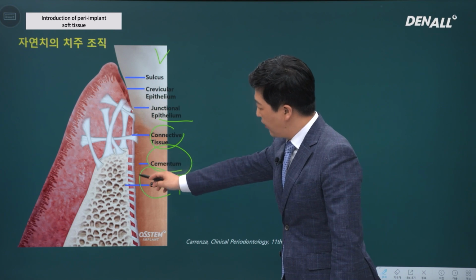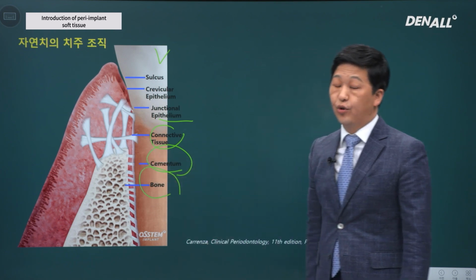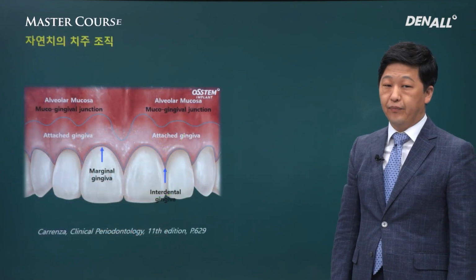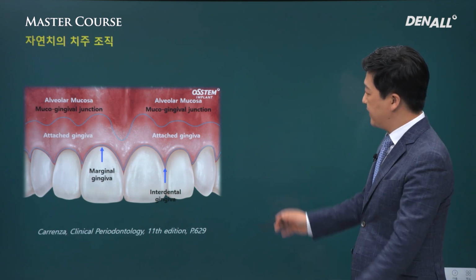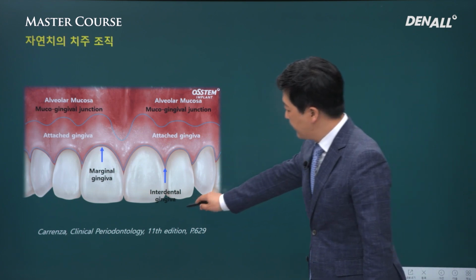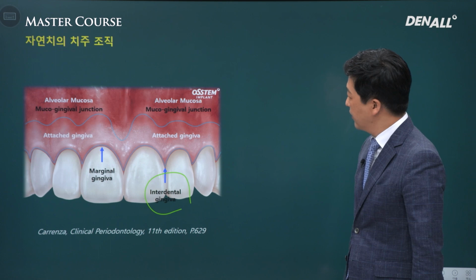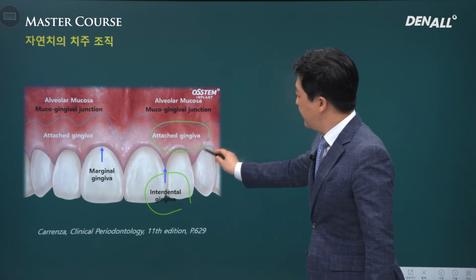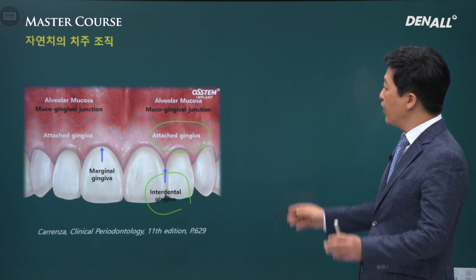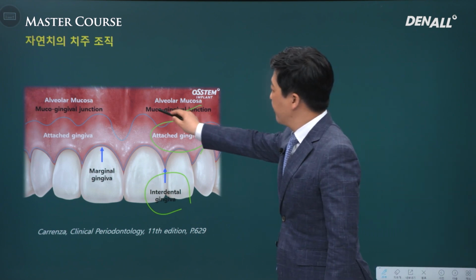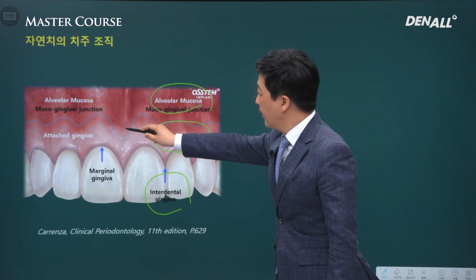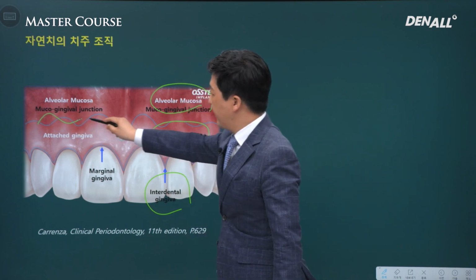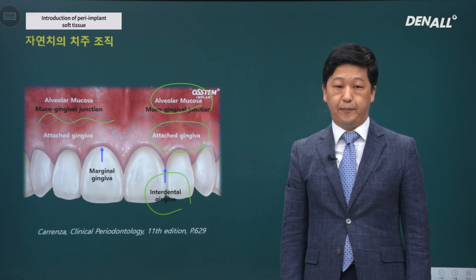Alveolar bone, PDL, and tooth are major components. In frontal view, there is interdental gingiva, and attached gingiva that is attached strongly to bone. There's alveolar mucosa, which is mobile, and in between there's mucogingival junction.